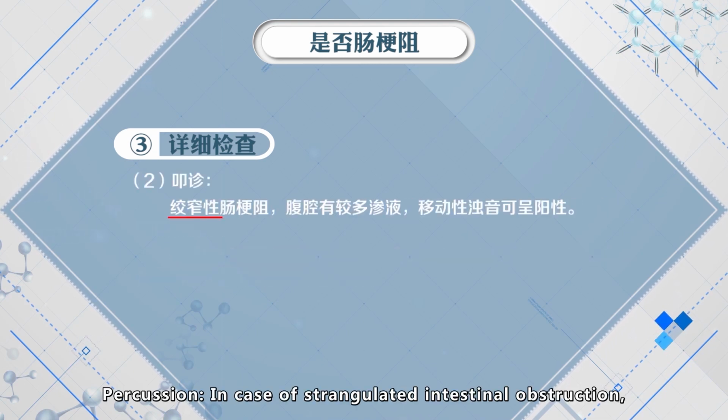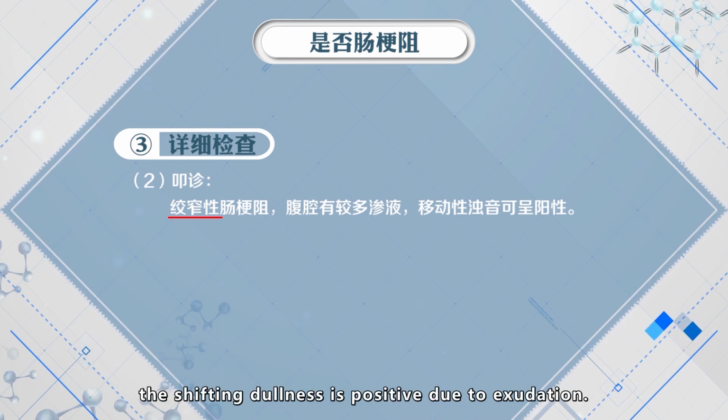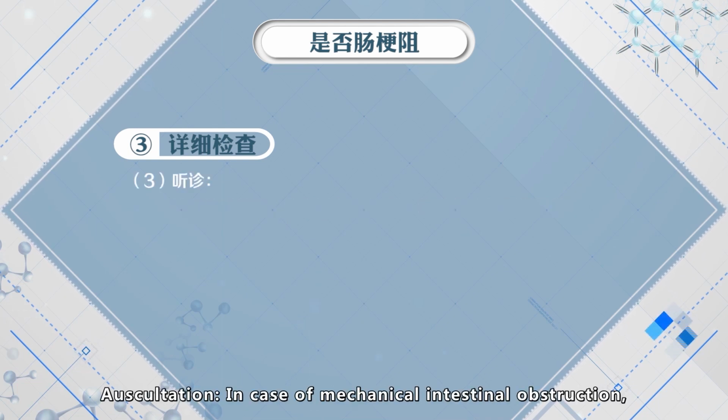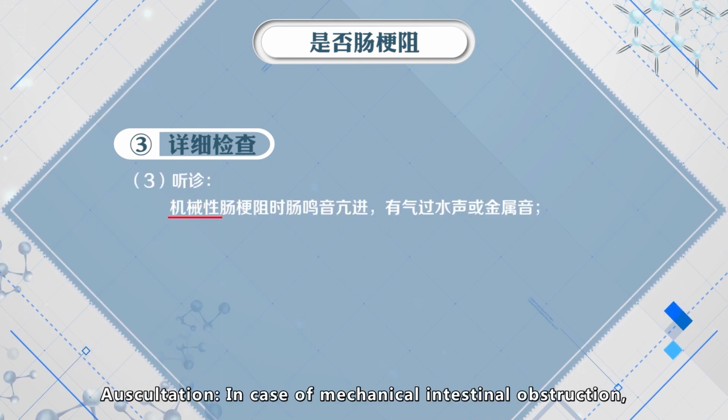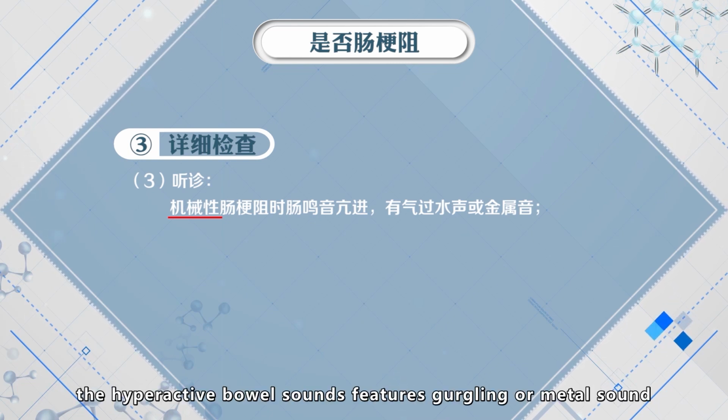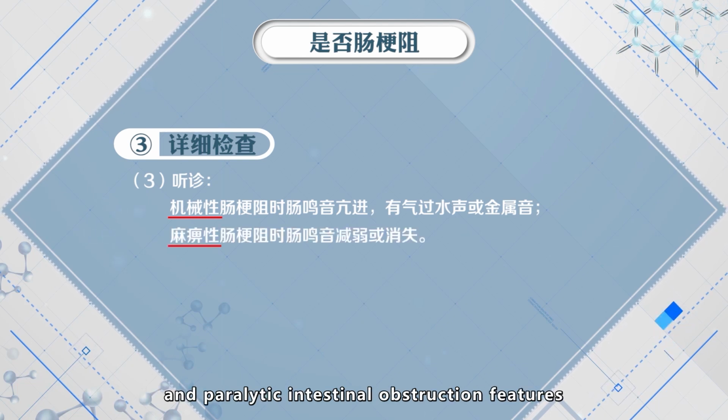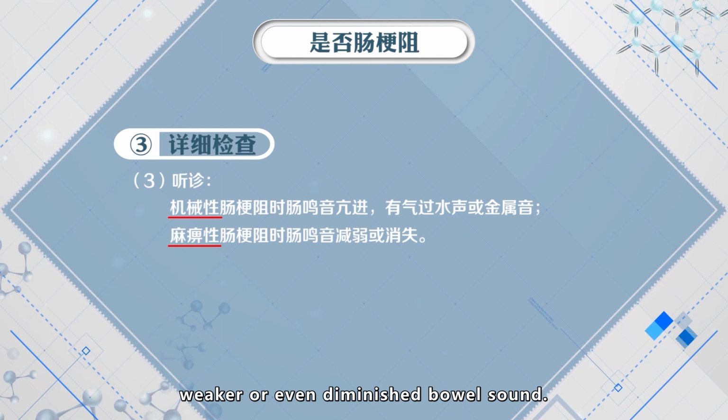Percussion. In case of strangulated intestinal obstruction, shifting dullness is positive due to exudation. Auscultation. In case of mechanical intestinal obstruction, the hyperactive bowel sounds feature gurgling or metallic sounds, and paralytic intestinal obstruction features weaker or even diminished bowel sounds.